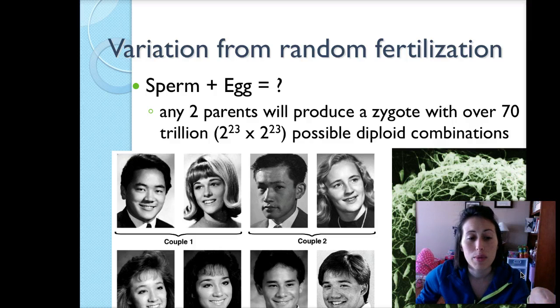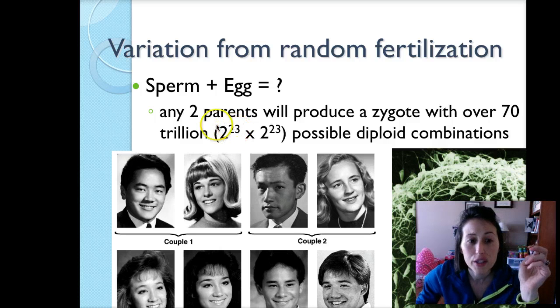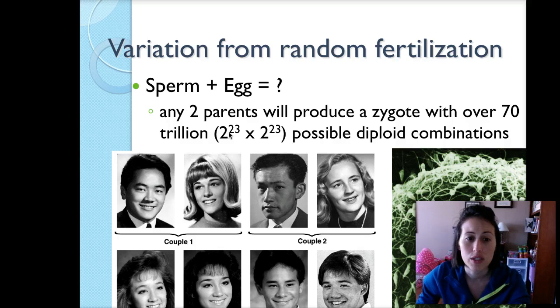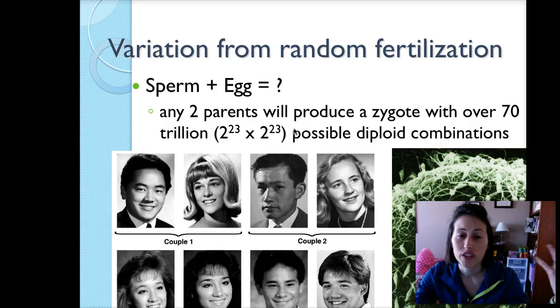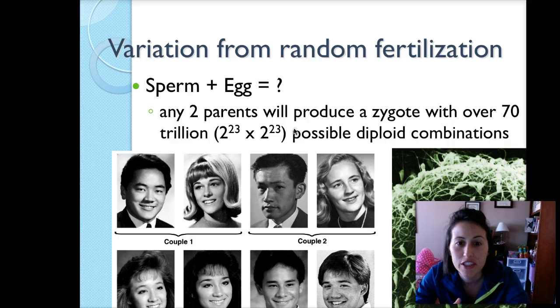We got that number because each parent has 23 pairs of chromosomes in their diploid cells, which then are reduced during meiosis. One parent times the other parent, and we have over 7 trillion possible combinations. So you could have 70 trillion offspring, yikes, and the likelihood that any of those will be exactly the same is 1 out of 70 trillion.